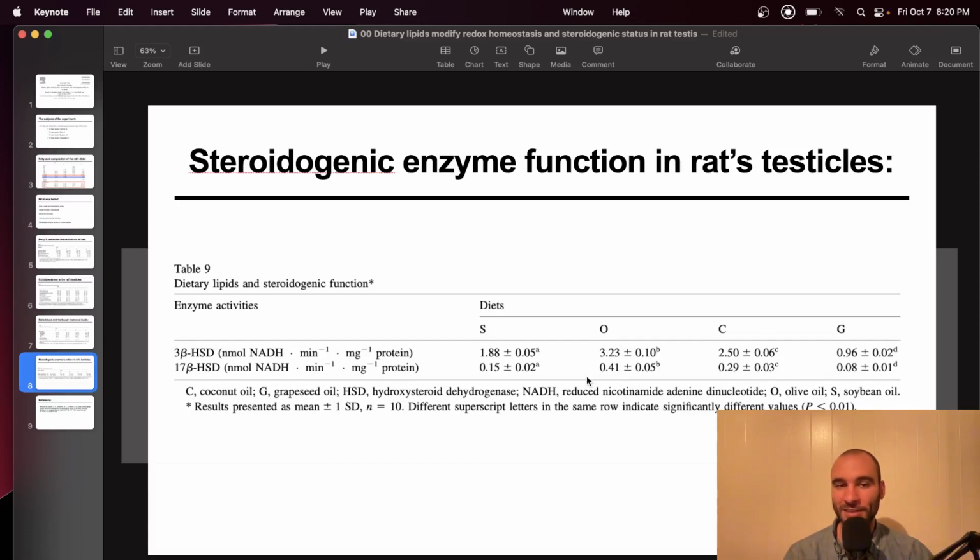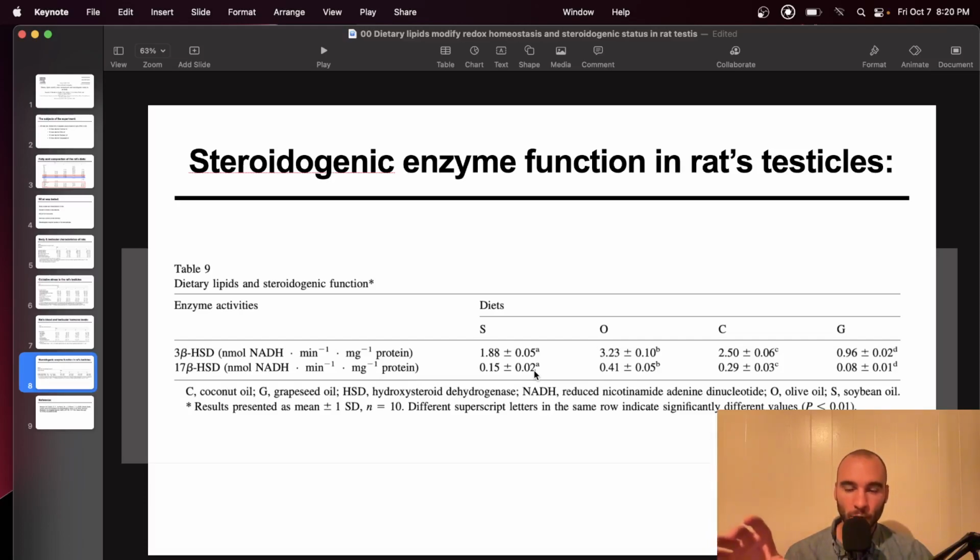We're looking at about twice as much function in the coconut oil group compared to the soybean oil group, and maybe a little more than 2 times as much function in the olive oil group compared to the soybean oil group.